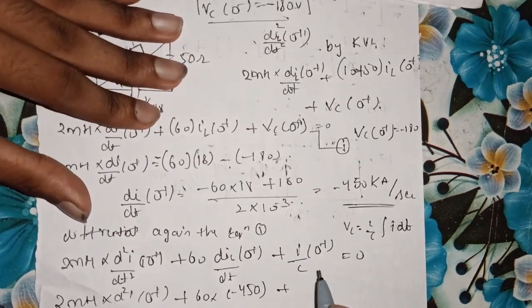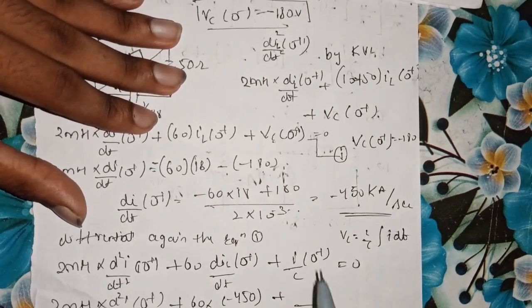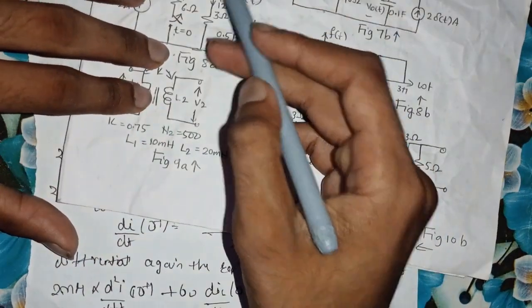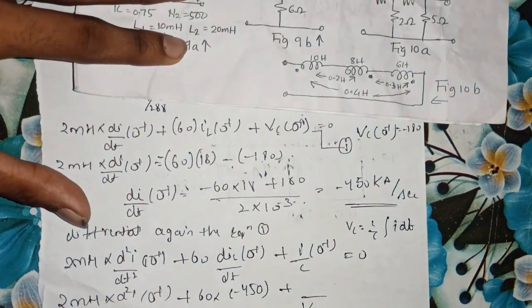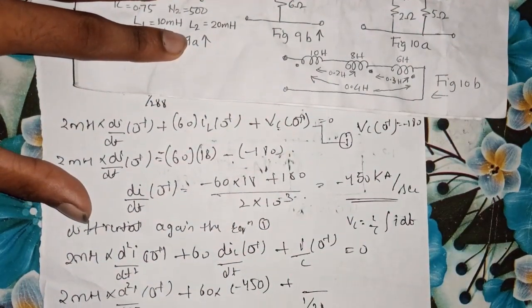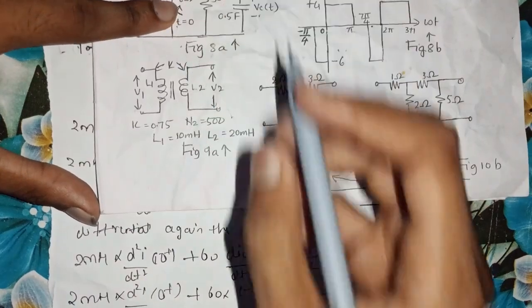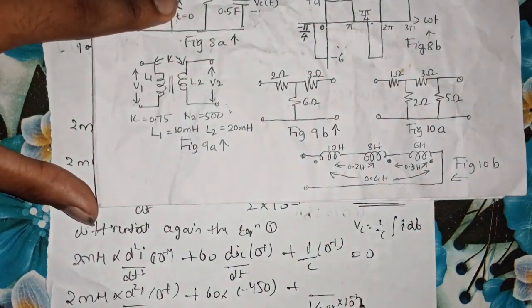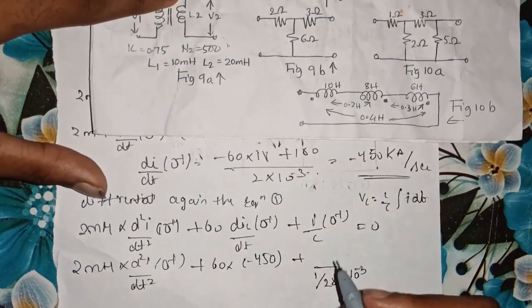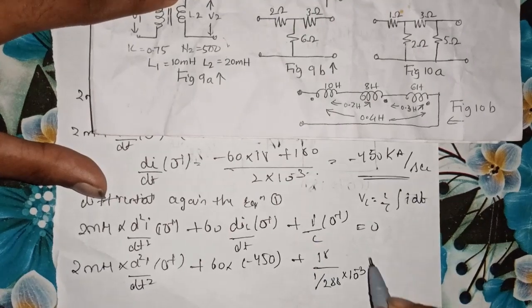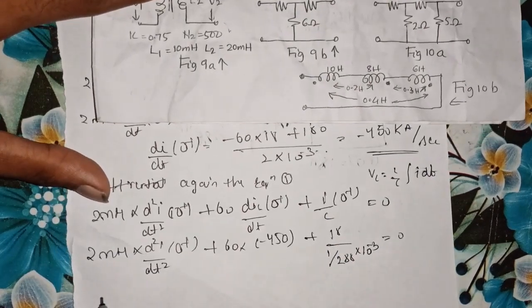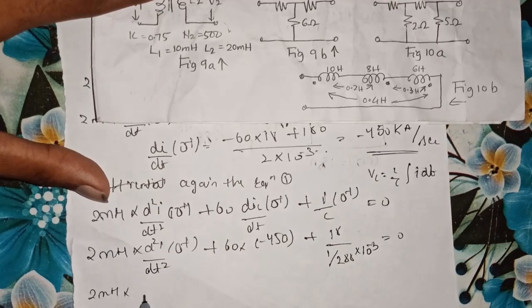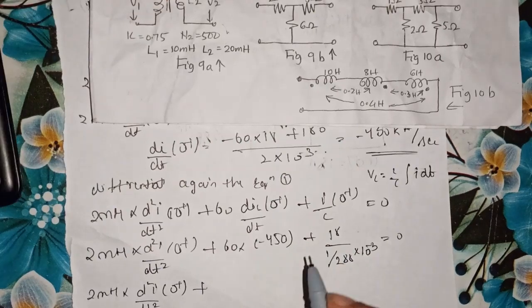The value of capacitance is given as 1 over 288 millifarad, into 10 raised to minus 3. But we have IL of 0 plus 18, which is equal to 0. So yes, 2 millihenry into d square I by dt square at 0 plus, minus 60 into minus 450 kiloampere.